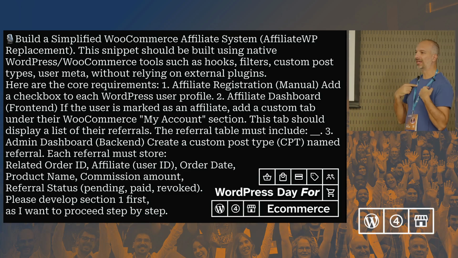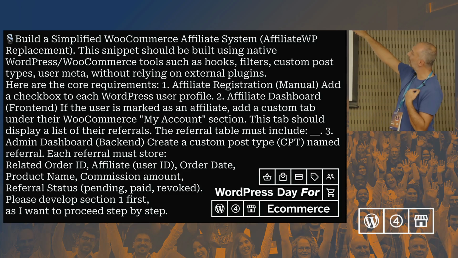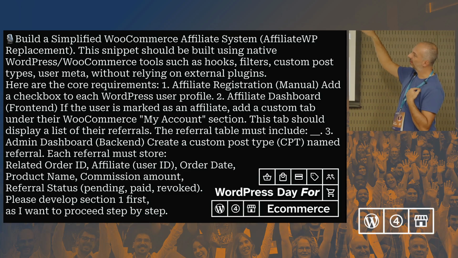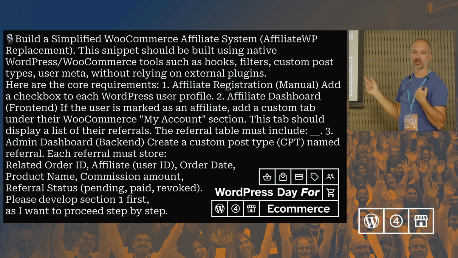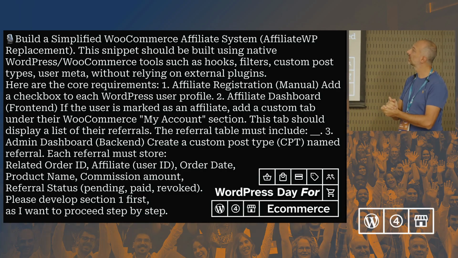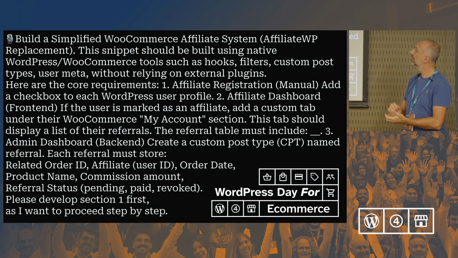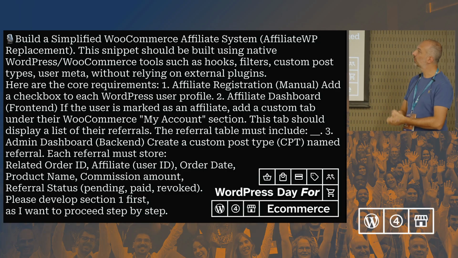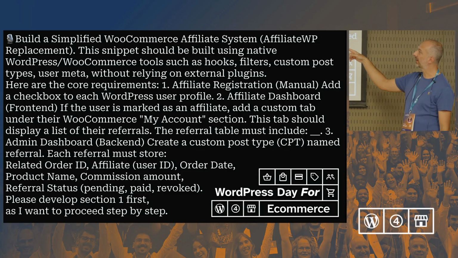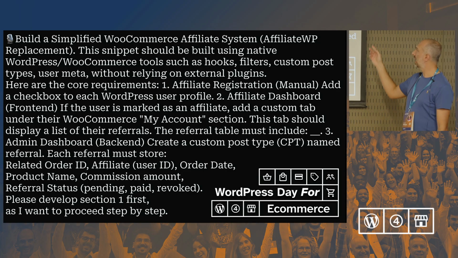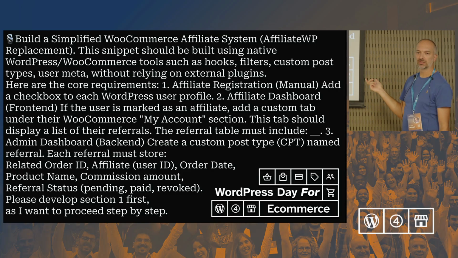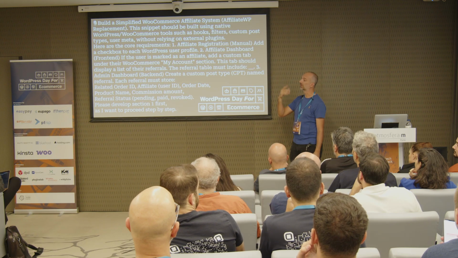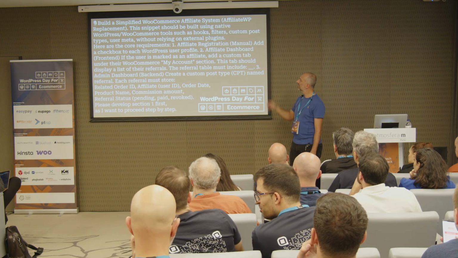No, I, the admin, need to manually check which WordPress users become affiliates, because that's how I use the Affiliate WP plugin. Then I need an affiliate dashboard on the front end under the My Account section. This tab should list the referrals. So the logged-in user goes to My Account, clicks on the referrals tab, and sees the table with the referrals, whether they're pending, paid, unpaid, and so on.